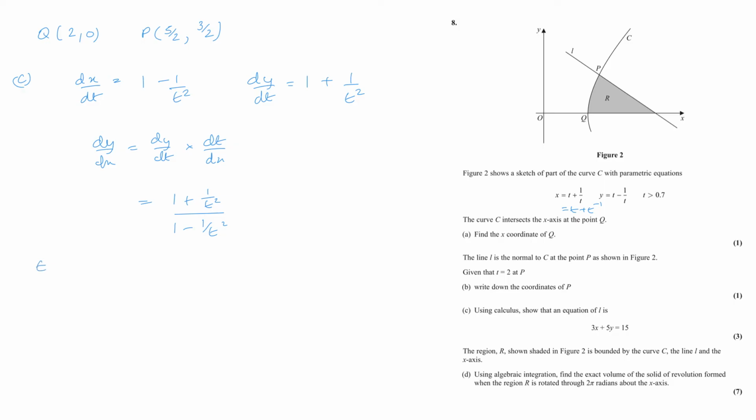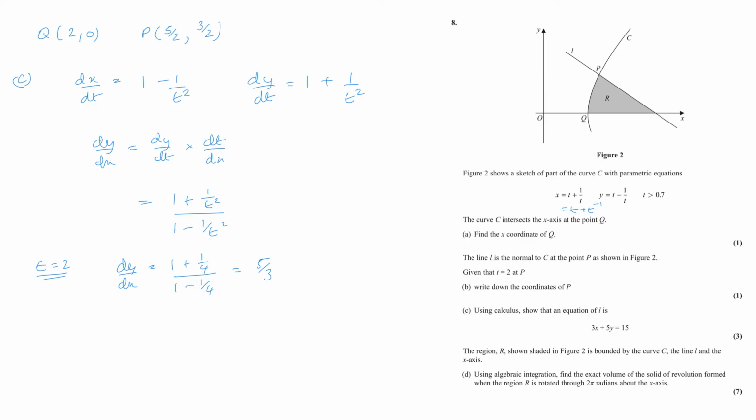We know that t equals 2 at P. So dy by dx is 1 plus a quarter over 1 minus a quarter, which is 5 over 3.